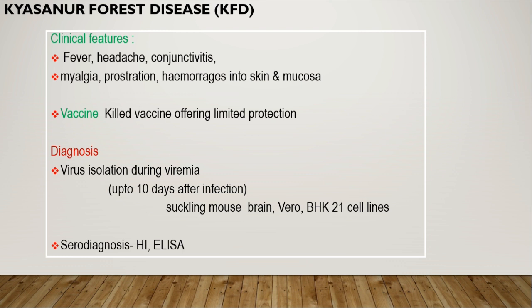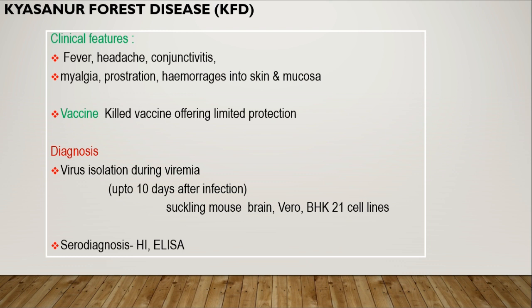Talking about the lab diagnosis, the best sample will be a blood sample or serum sample, and within 10 days of infection we can take the sample and identify the presence of antibodies in the patient serum sample. We look for the presence of IgM antibodies.